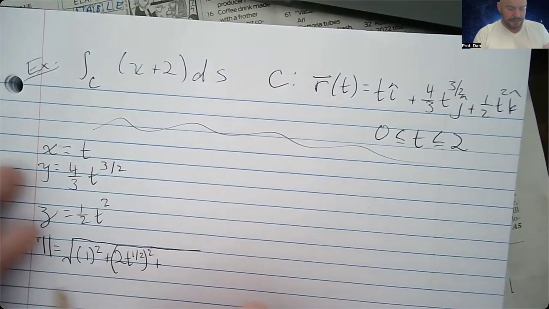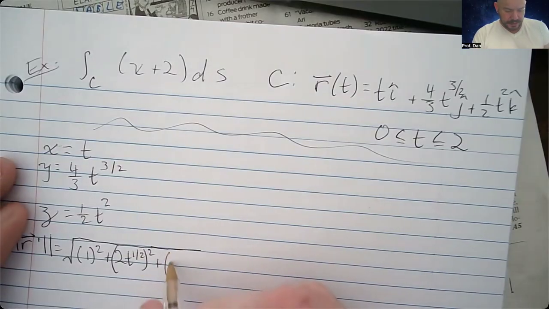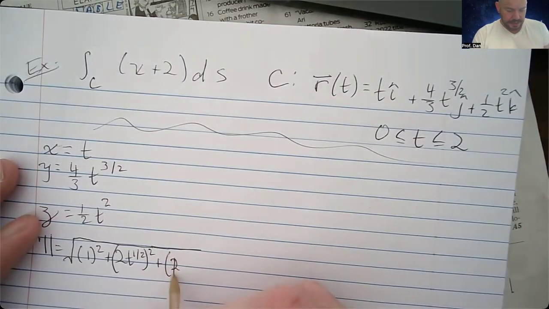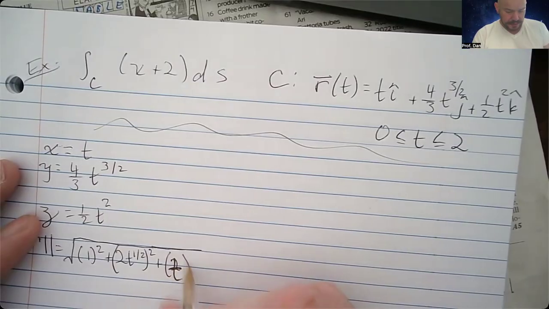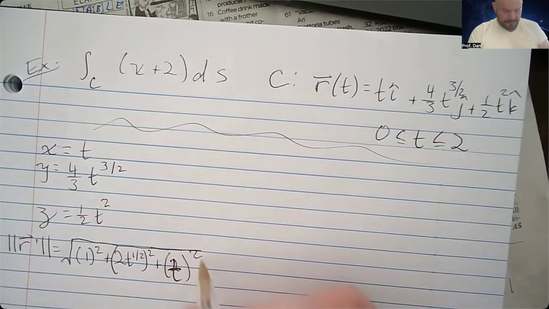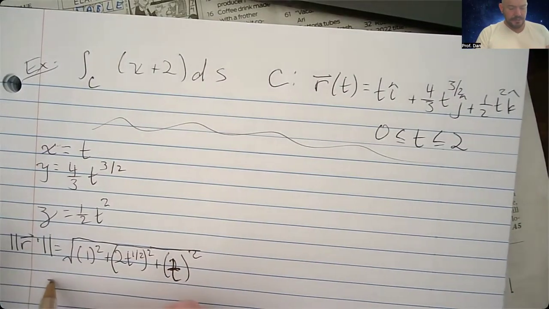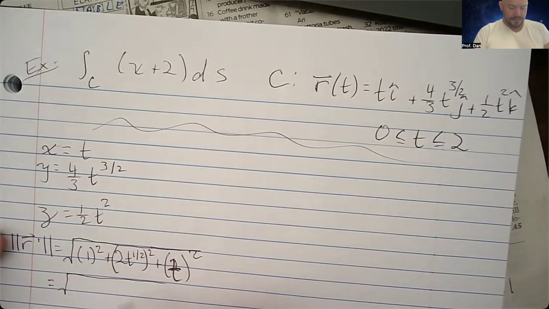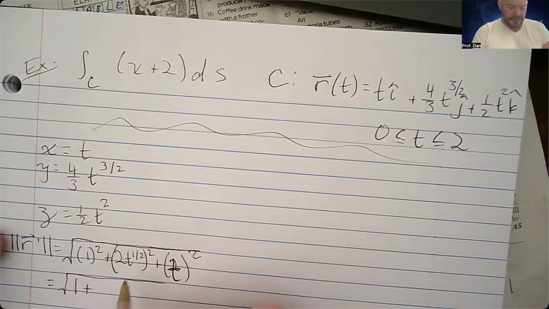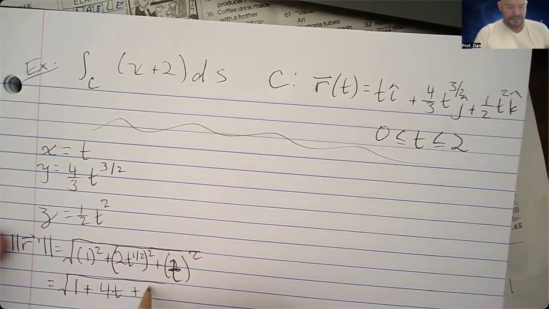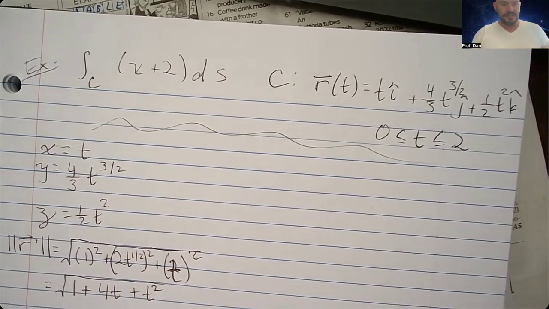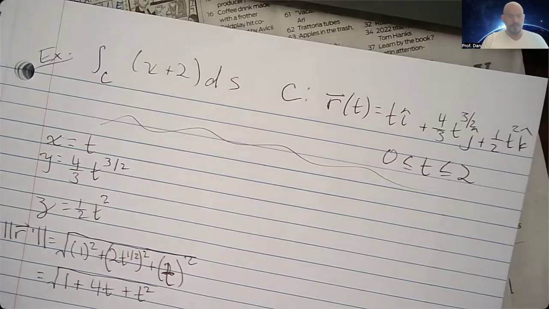And the derivative with respect to z is going to be just t. So if I expand this out, we get 1 plus 4t plus t squared. All right, that is the magnitude of r prime.